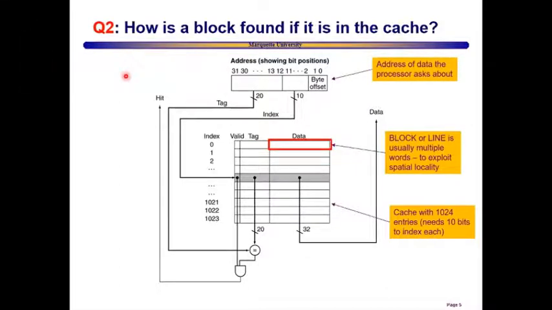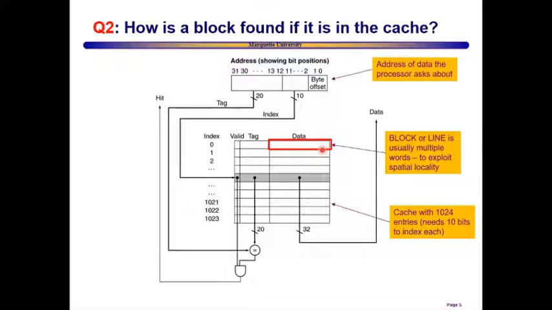Now the second question that one can ask about a cache design is how is a block found if it is in the cache? And let's look at this example over here of a cache design that has 1024 entries, and it is a direct mapped cache design, meaning that the data from the main memory maps directly to only one unique entry into the cache.